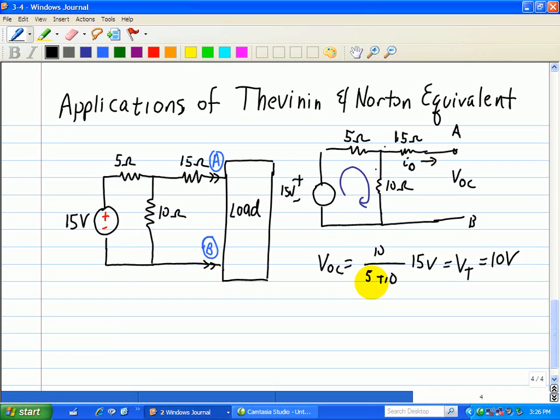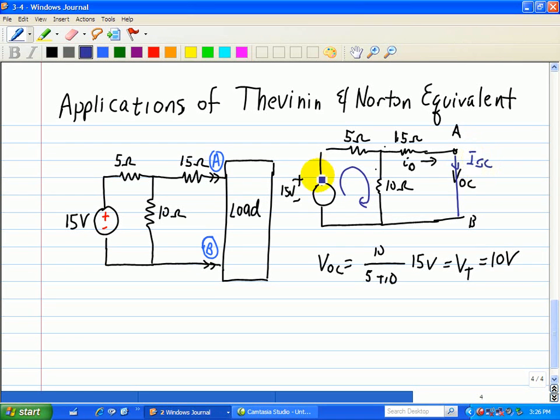So we have our first variable associated with finding the Thevenin equivalent. Now we need to do the short circuit, and when we do the short circuit, basically what we're doing is shorting this and finding the short circuit current.